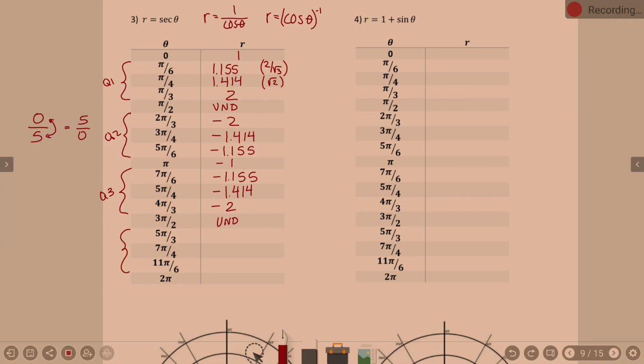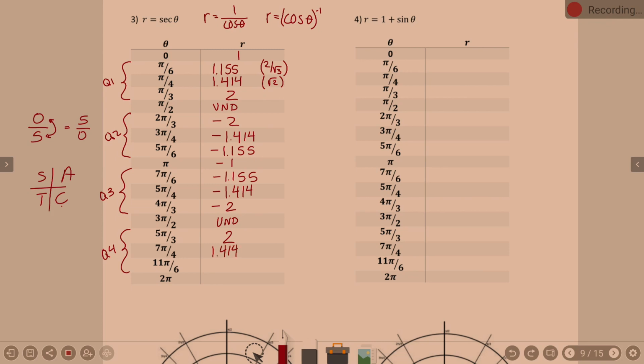And these last 3 are in quadrant 4. What do we know about quadrant 4? Positive. All students take calculus. I don't think I ever wrote it down today, but you guys know that by now, right? So that's positive. If cosine's positive, secant's positive. So 5 pi over 3 is going to be +2. 7 pi over 4, 1.414.